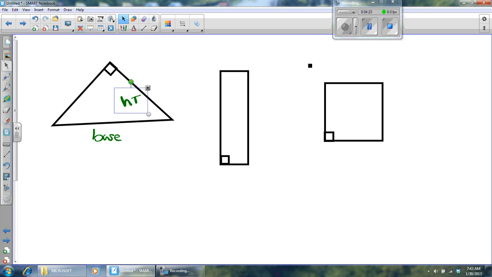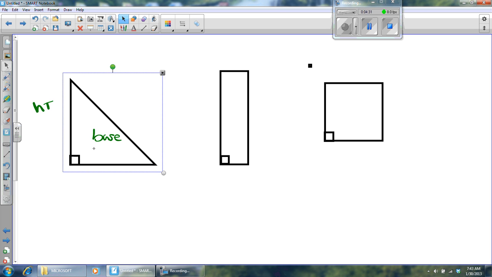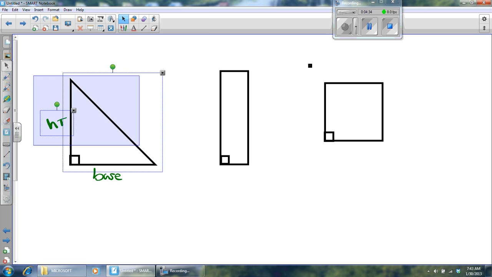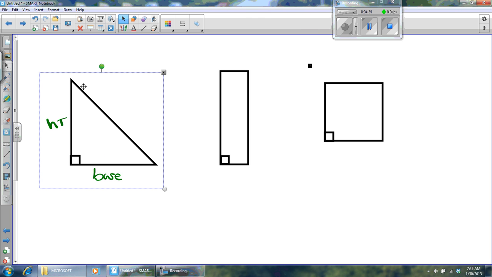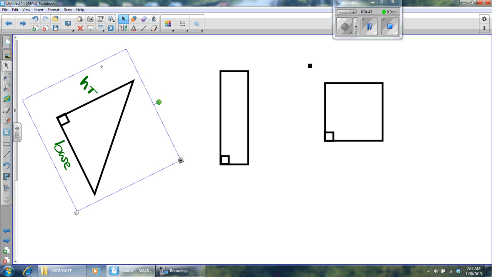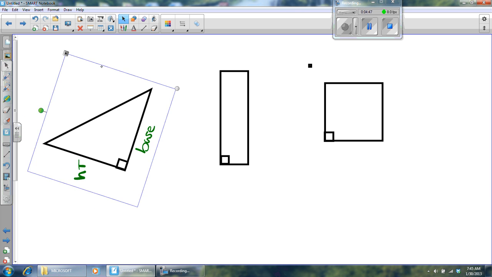So let me move this back to where it was and turn this back. Okay. You could call that the base and height. Or, so one thing you could do here is you could turn this. Notice the base and height move with the shape because they're going with the right angle.